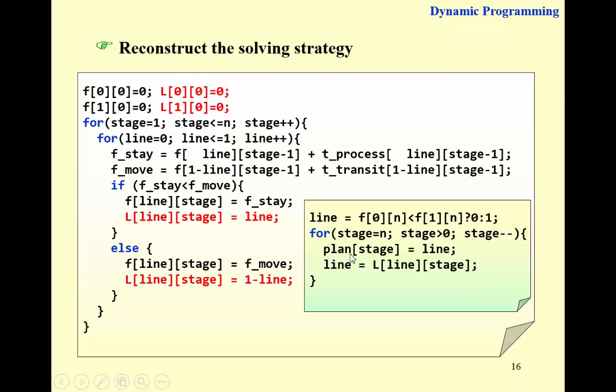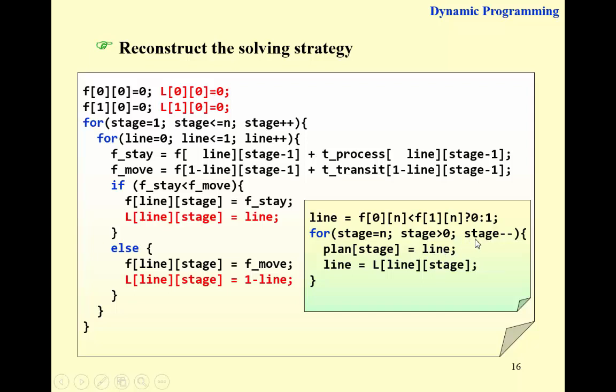So the plan is reconstructed in the reverse order. We start from the endpoint because the final solution is the smaller number between them, right? And whichever is taken, that line number will be recorded into this line. And we start from stage n. The last stage is that line.